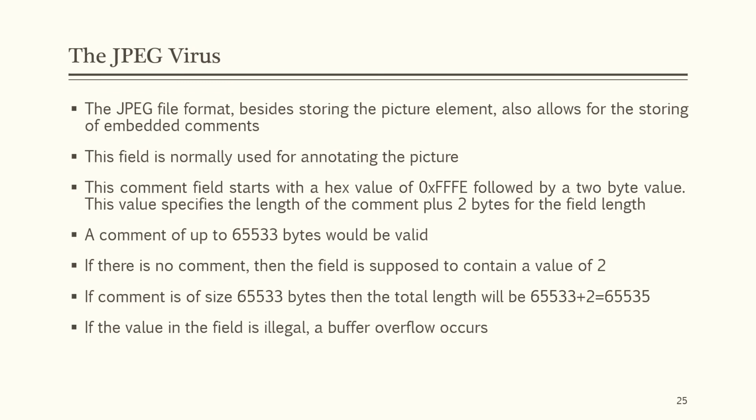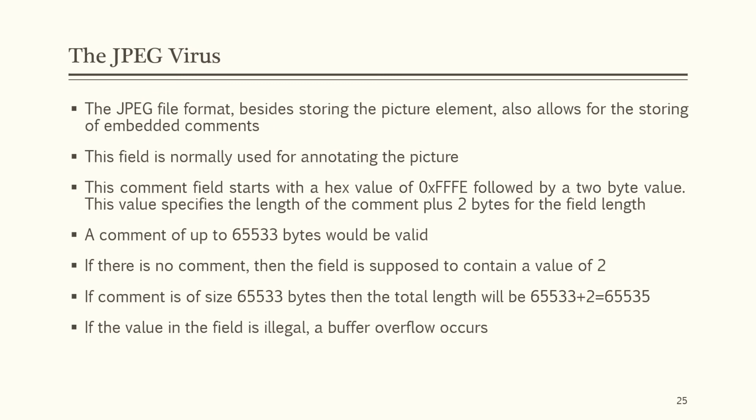This value specifies the length of the comment plus 2 bytes for the field length. A comment of up to 65533 bytes would be valid. If there is no comment, then the field is supposed to contain a value of 2. If the comment is of size 65533 bytes, that is the maximum size, then the total length will be 65533 plus 2, which is equal to 65535.